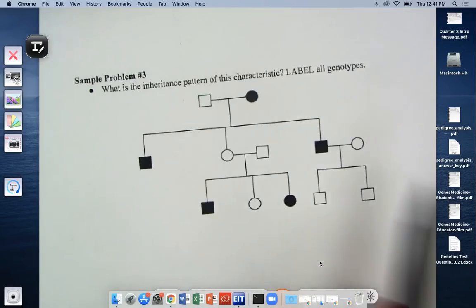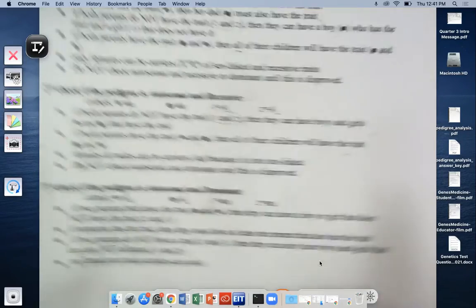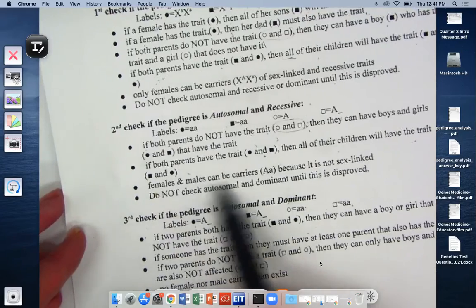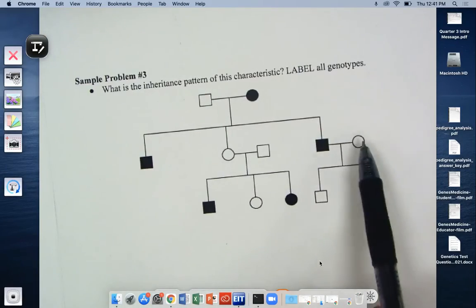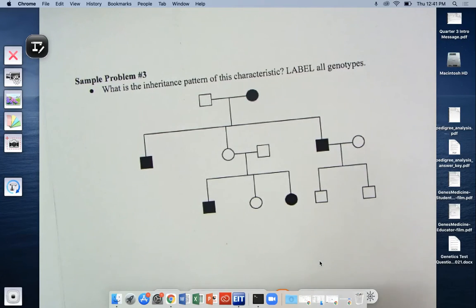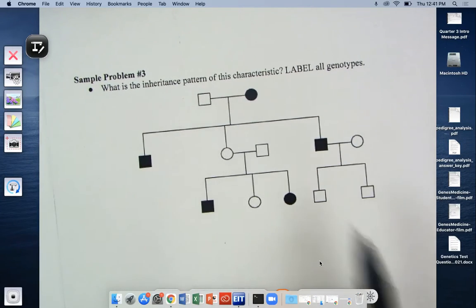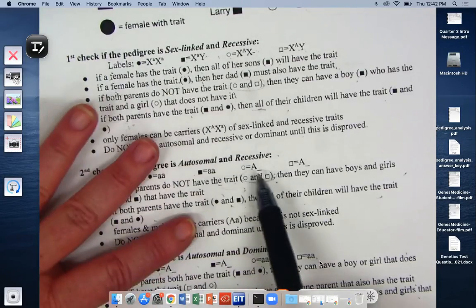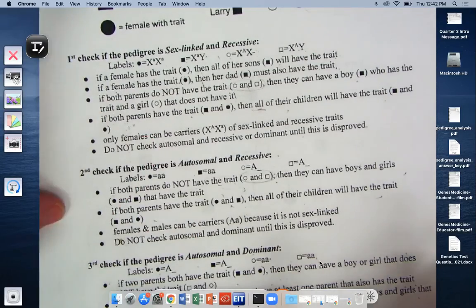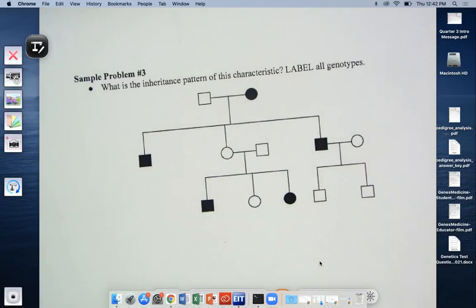Both parents have the trait, all of them have the trait? No, that's not a choice. And then females and males can be carriers, which is hard to tell here if a female is a carrier. So I can't say no, which means I'm going to try this one. I might be wrong, but I'm going to go ahead and try it.